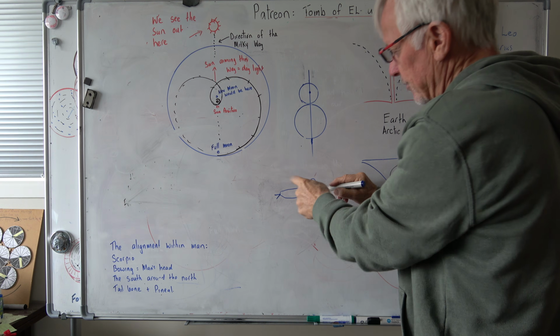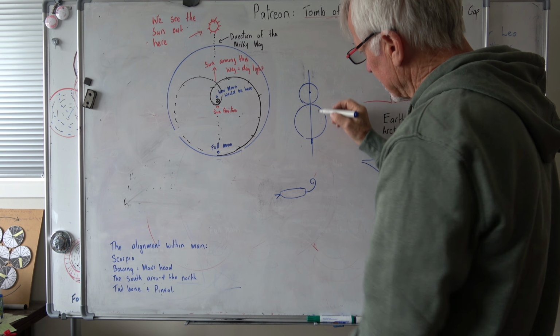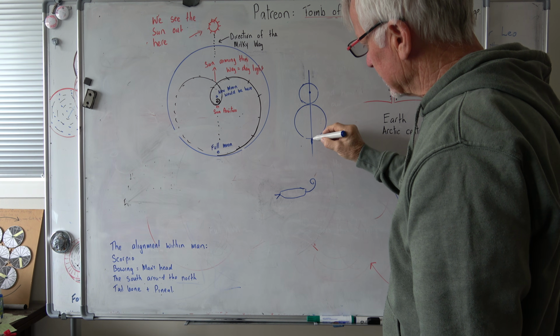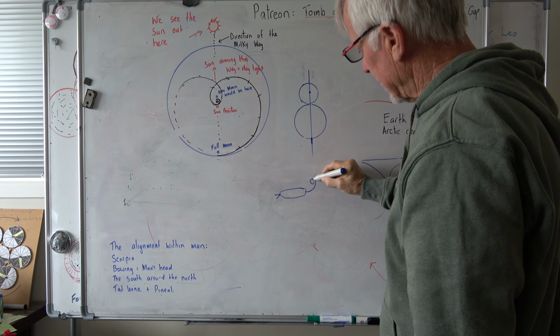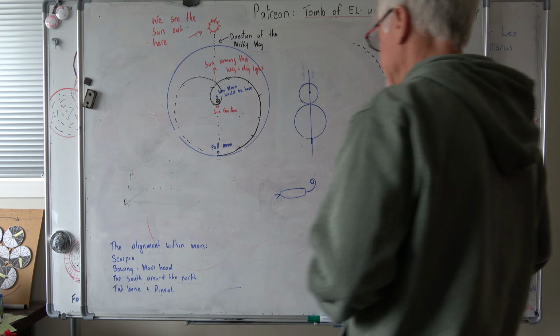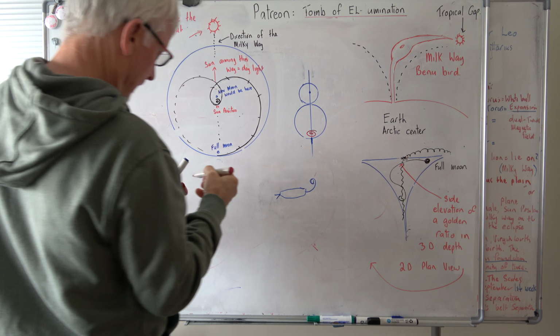But what it's all referring back to is man's alignment. So you take this as man, see? And down here, there's his tailbone. Down here is the coiled snake. His coiled kundalini.